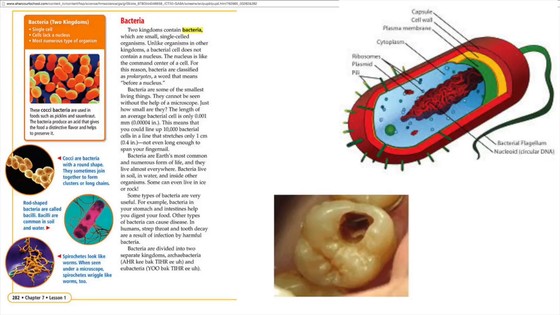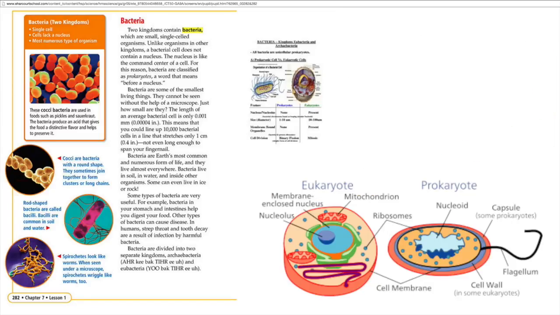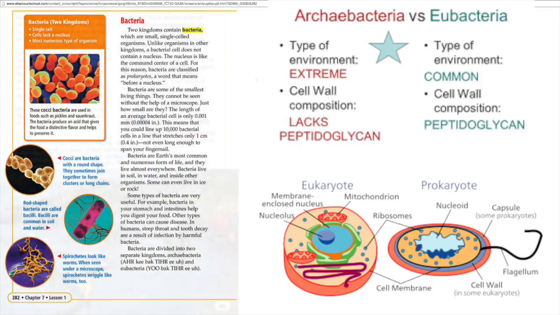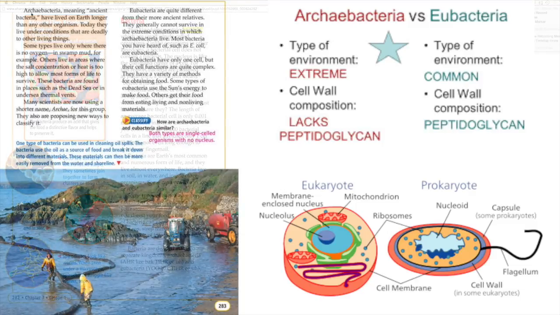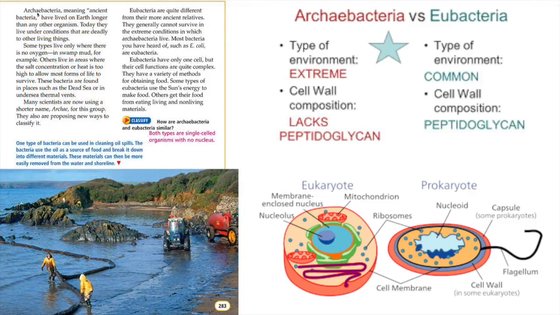Okay? The bacteria are divided up into two kingdoms, Archaebacteria and Eubacteria. Archaebacteria means the ancient bacteria. In other words, these bacteria have been around for as long as the Earth has been around, practically.